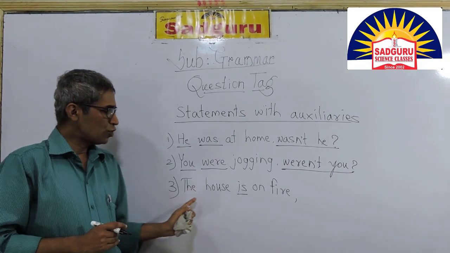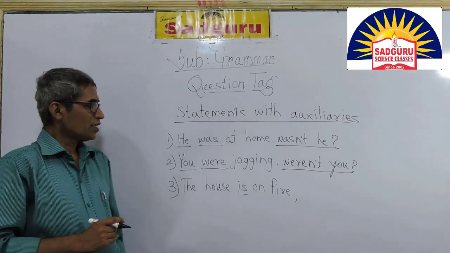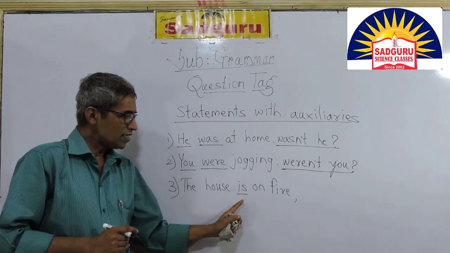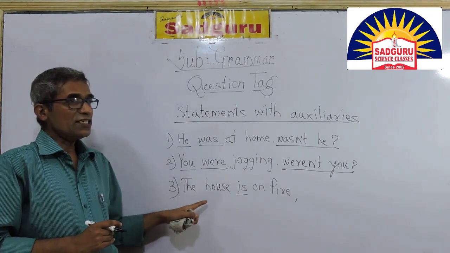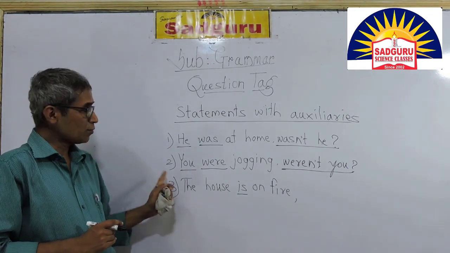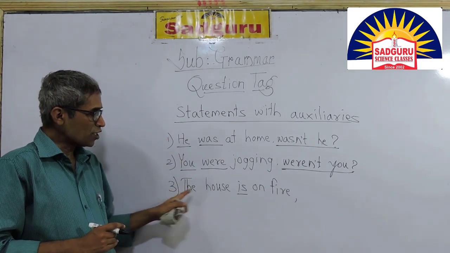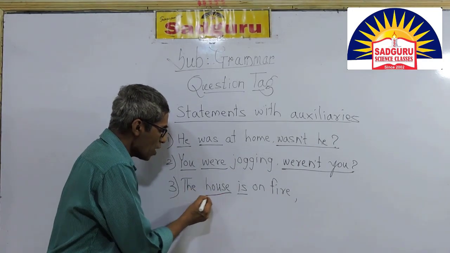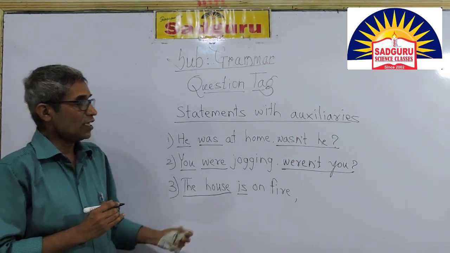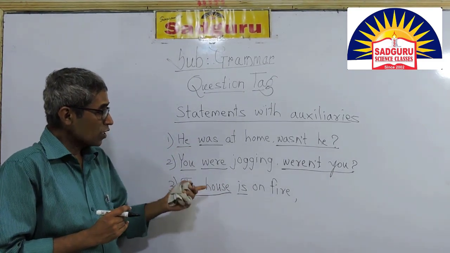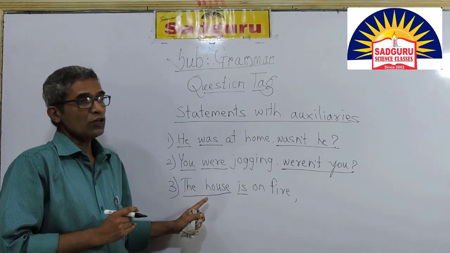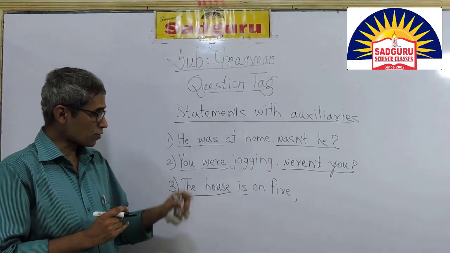One more thing you can notice in this sentence. The subject is not a pronoun here. In the previous 2 sentences, the subjects were pronouns, but here the subject is a noun. So let's see how to use a pronoun for this noun.